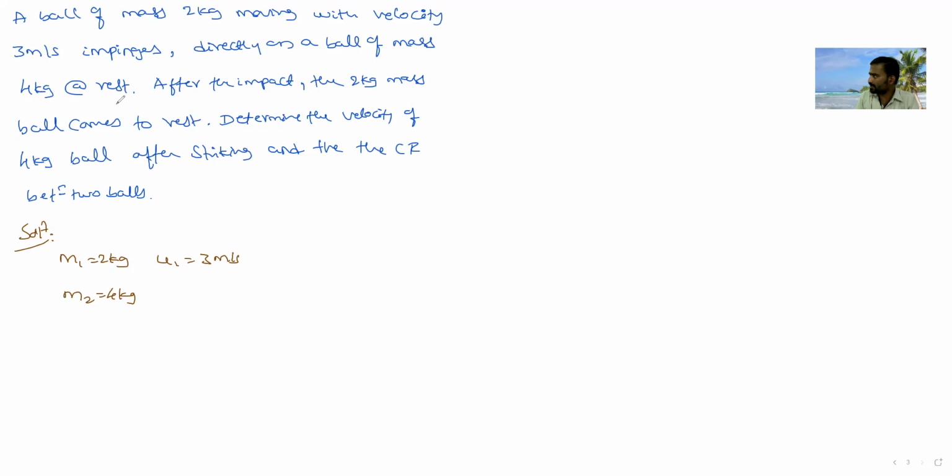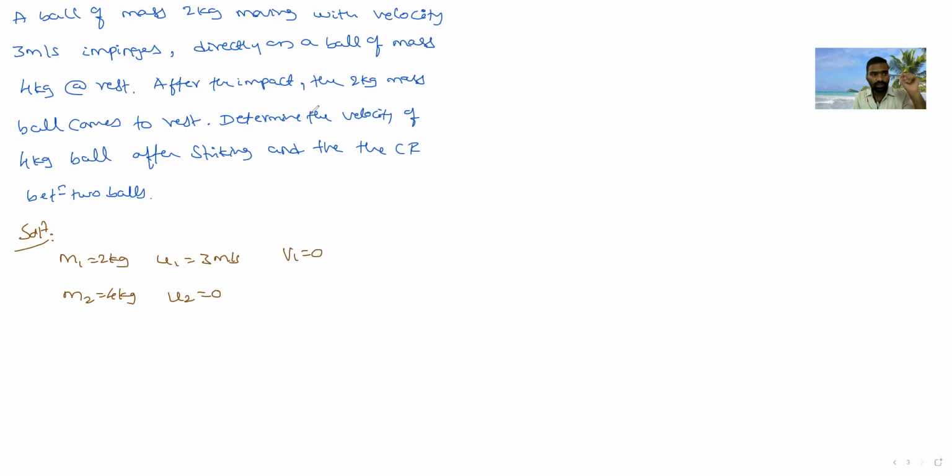It means U2 is equal to 0. Then after impact, the 2 kg mass comes to rest, which means the final velocity of the first body, V1, is equal to 0. Are you getting it?